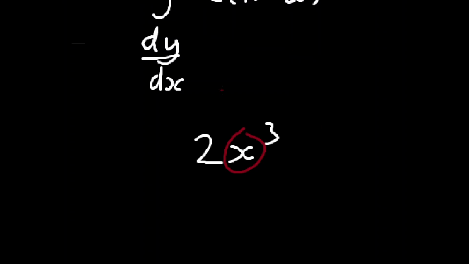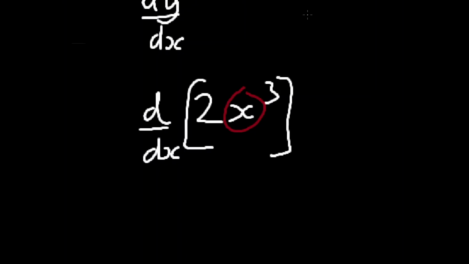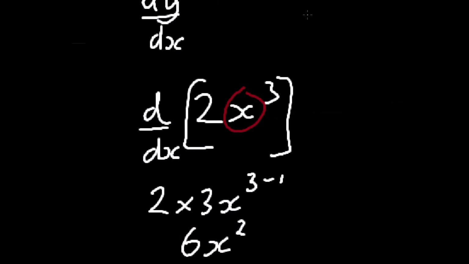Okay, so let's make this question simpler to begin with, and let's just try and differentiate just this value here first. Anything that is a constant is moved out to the front, so nothing really happens to it, so it becomes 2, and that value of 3 multiplies down the bottom, and we just take the 1 from the top, and our final result is 6x to the power of 2.